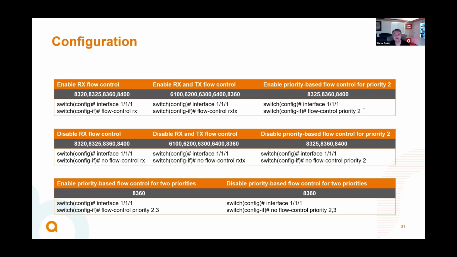So priority 2 in this example. Of course, to disable these, we simply add the no command before each of the commands. And of course, like I mentioned, the 8360 now actually does support 2 PFC priorities. So we could actually have 2 separate code points being treated as lossless with PFC on the 8360 now.